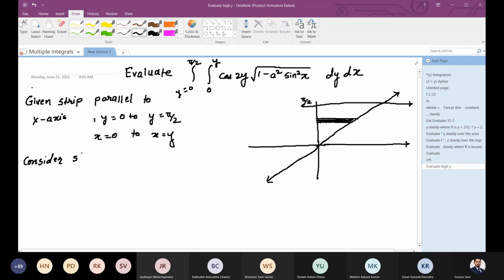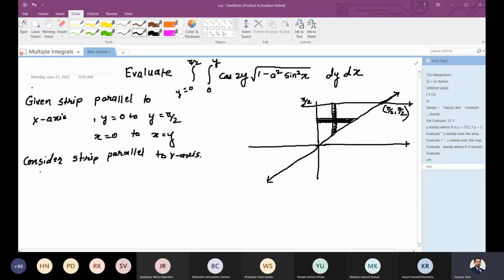Now consider the strip parallel to the y axis. The point of intersection here is going to be pi by 2 comma pi by 2, as this is the intersection of the line y equal to pi by 2 with the line y equal to x.